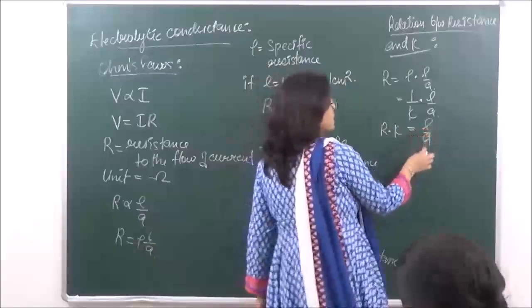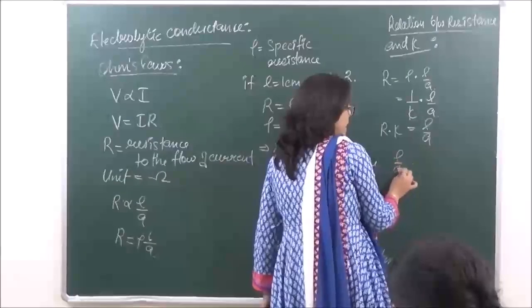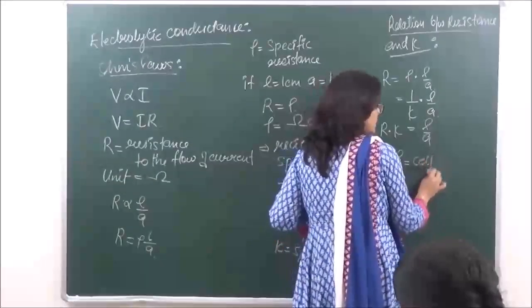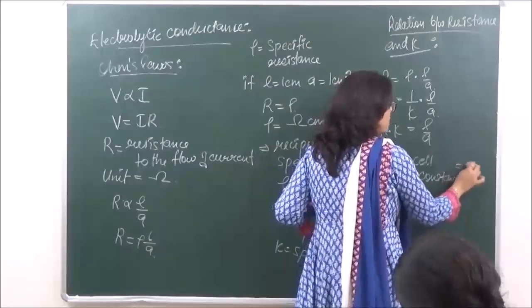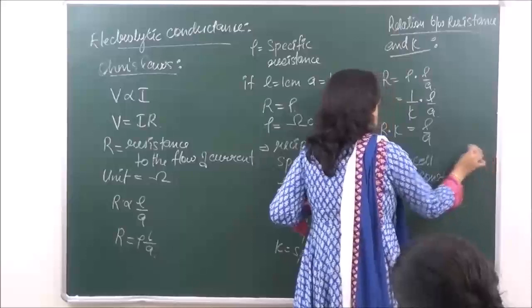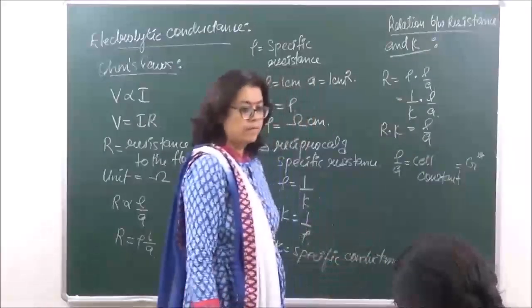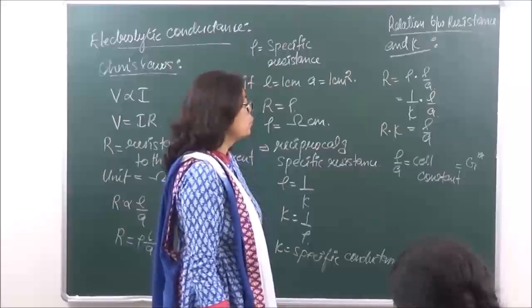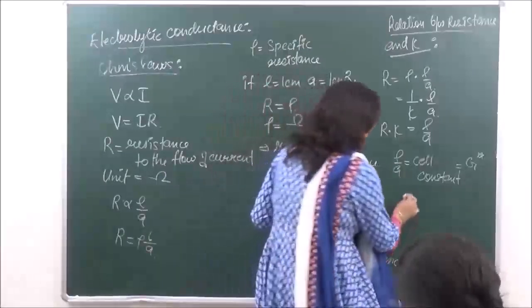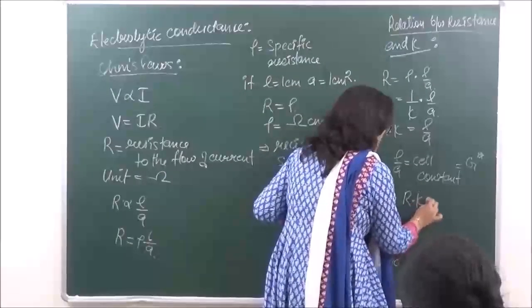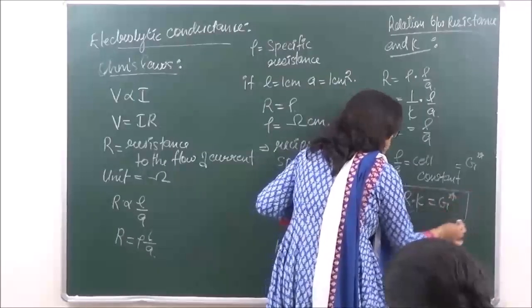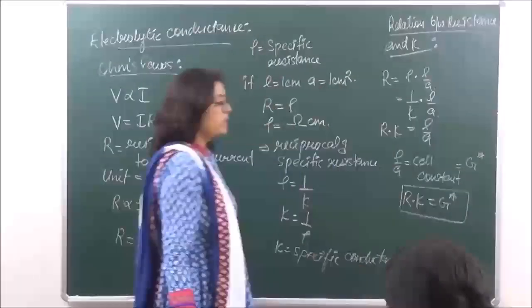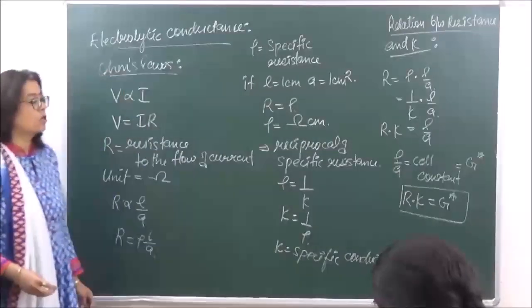Therefore, we take L upon A as the cell constant, denoted by G star, such that R into kappa equals G star, where G star is the cell constant.